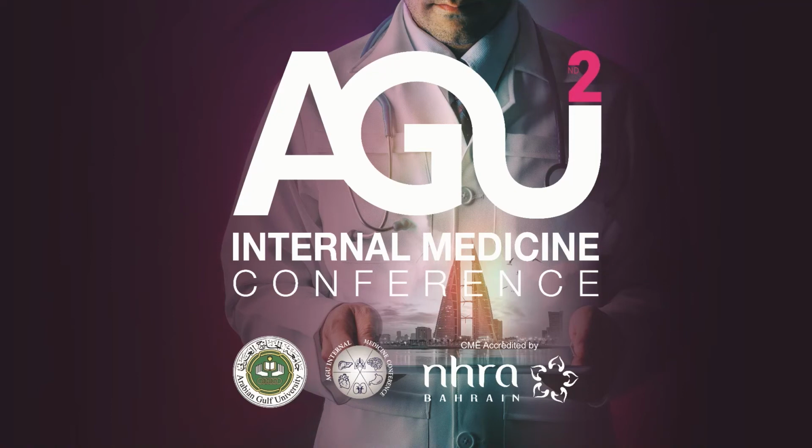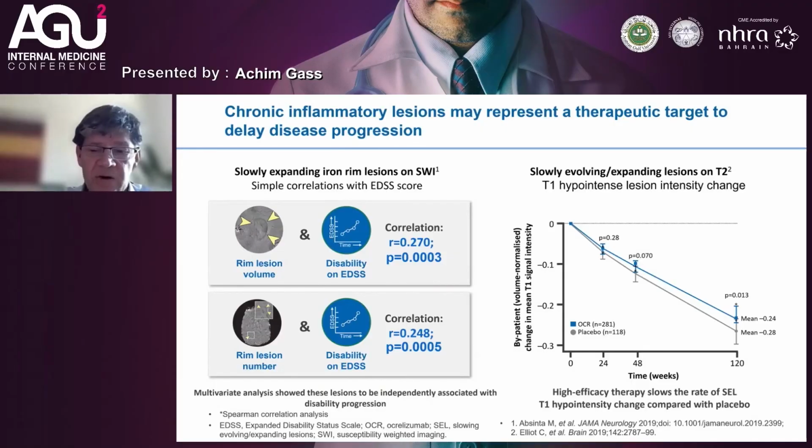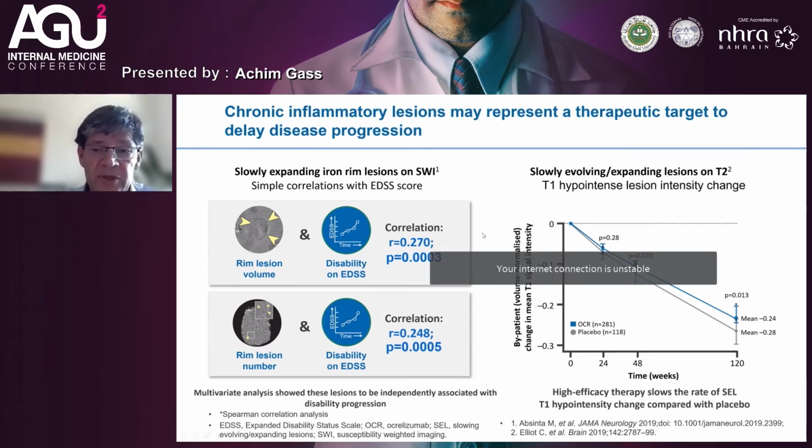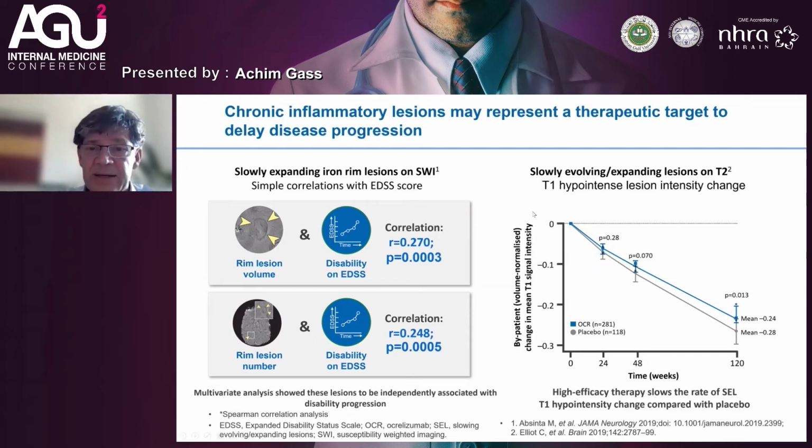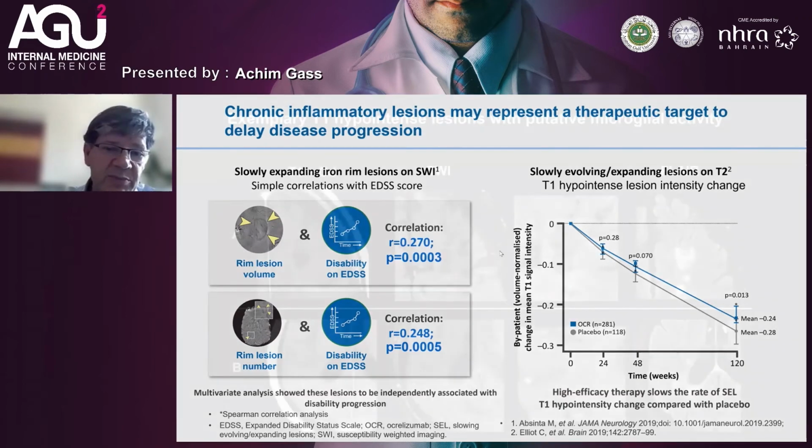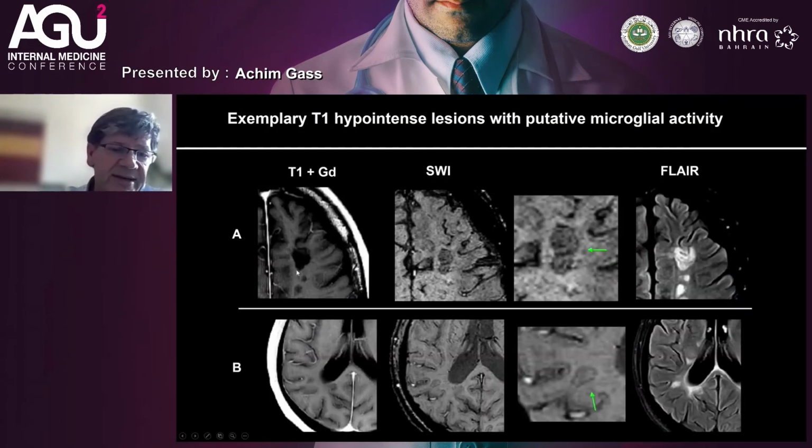Only in the situation of a large trial are we really in the position to generate numbers that are sufficient to demonstrate the statistical significance, as it has been done here on T1 hypointense lesions, as well as on SWI susceptibility-weighted images. Here you can see typical features of these lesions. It is a black hole on the T1 weighted image.